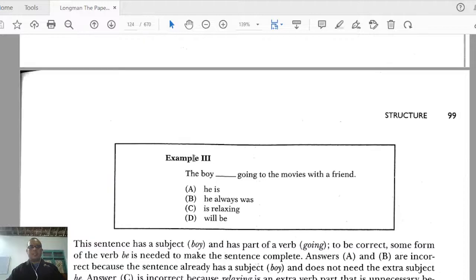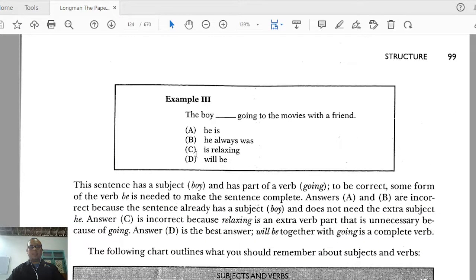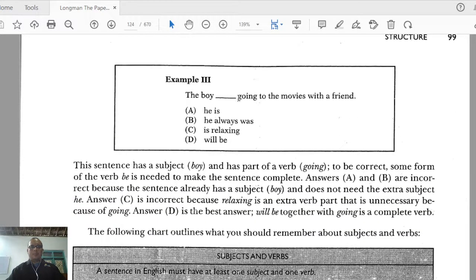Next one, example number 3. "The boy ___ going to the movies with a friend." Okay, so this one yang missing adalah verbnya ya, karena subjeknya udah ada. And then verbnya yang ada kata going to.